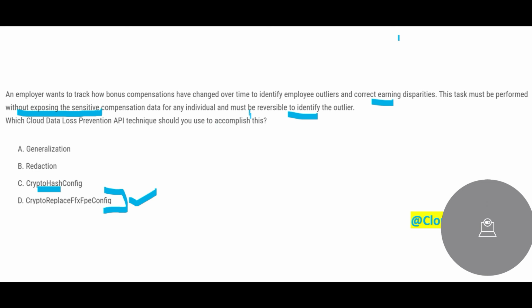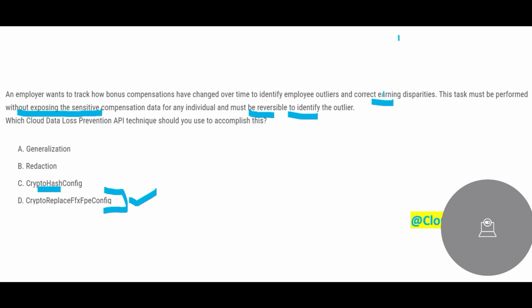So the question is actually contradicting itself. When it says it must be reversible to identify the outlier, I don't know what reversible means. Does it mean the masked or crypto replaced data can be reversed, or that we just identify outliers and then derank them, which will eliminate the outliers?